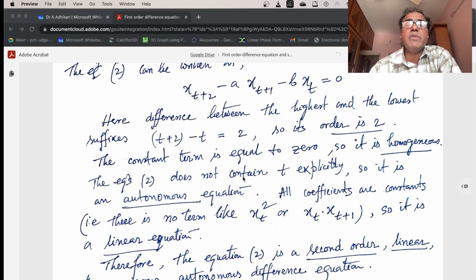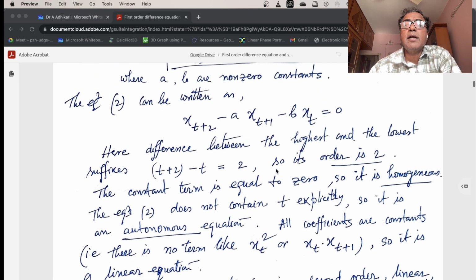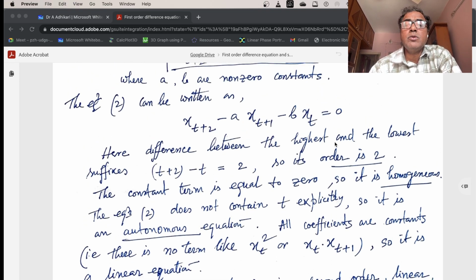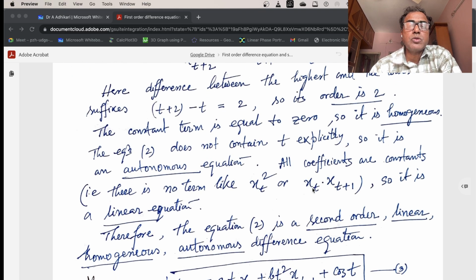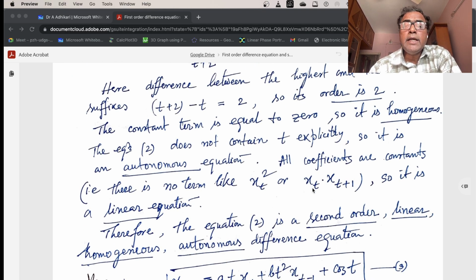The right hand side is 0, so it is a homogeneous equation. Equation 2 does not contain t explicitly, so it is an autonomous equation. All coefficients are constants, and there is no term like xt square or xt into xt plus 1, so it is a linear equation. So equation 2 is a second order linear homogeneous autonomous difference equation.